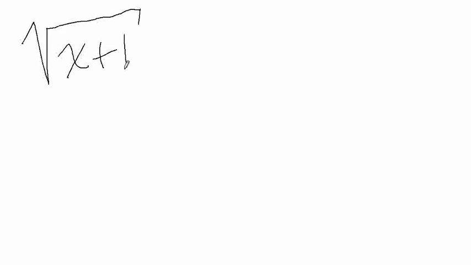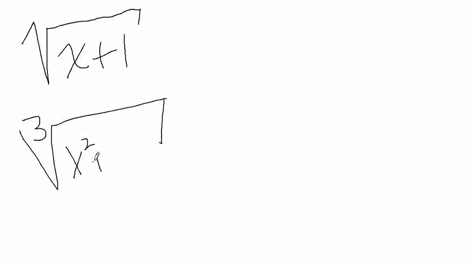Something like this is a valid radical expression, and even something like this. Okay? So the way to simplify such radical expressions is to use your understanding of roots of numbers.